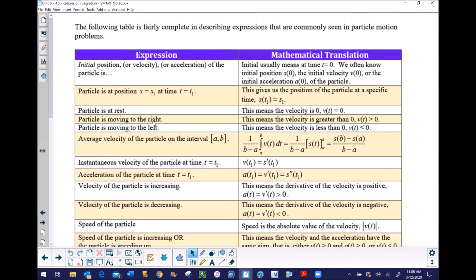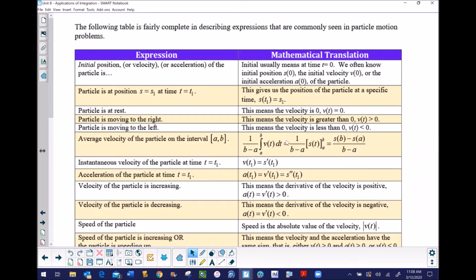Now, granted, there are a few new things, basically the things that might have an integral symbol. And you can now probably understand why we had to teach topic 1, average value of a function, first. Because if you look here at the 6th row down, the average velocity of a particle on an interval AB, well, hopefully this looks familiar, right?